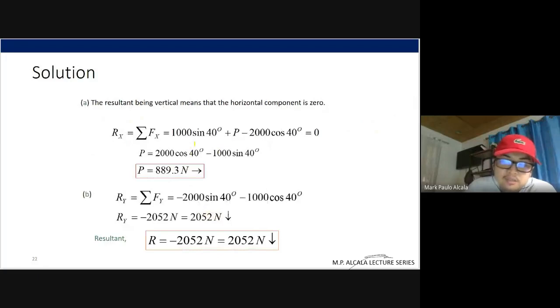So 1000 sine 40 degrees plus P minus 2000 cosine 40 degrees equals 0. Solving further, we get P is equal to 889.3, and R is 2052 Newton downwards.